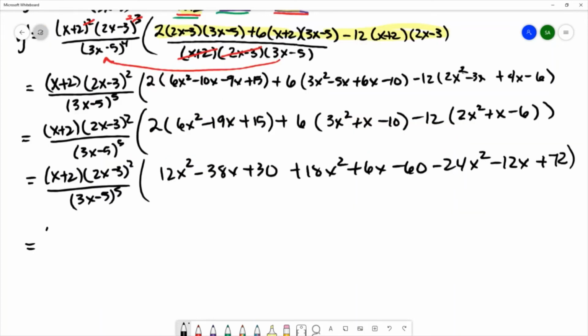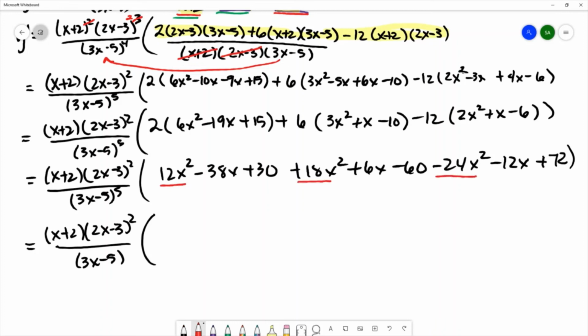And now we can combine like terms. So we have 12x squared, 18x squared, minus 24x squared. So 12 plus 18 would be 30. And then we're going to subtract 24 to get 6x squared.